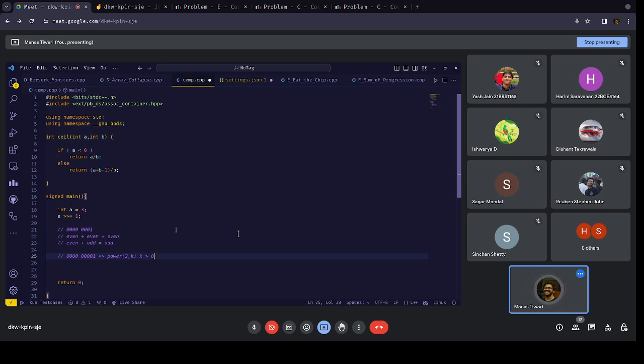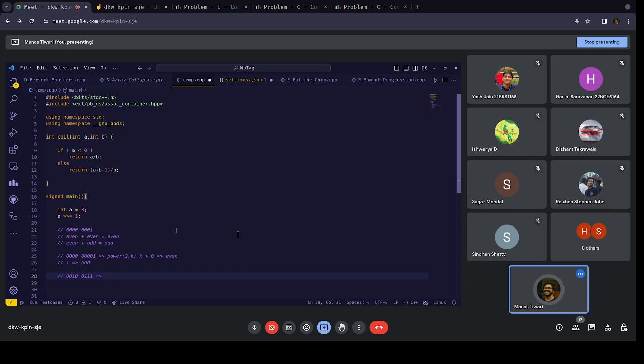Now what happens? All of these numbers are even. The last number is 2 raised to the power 0, which is 1, and 1 is the only odd number in the binary system. So no matter what number you are composing, if your last bit is 1, it is an odd number, because all other bits correspond to even contributions.